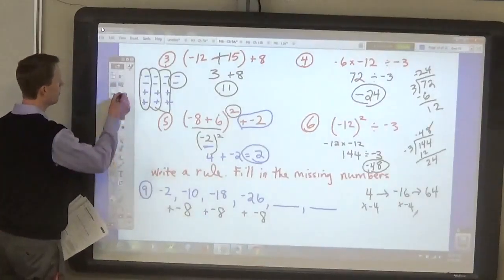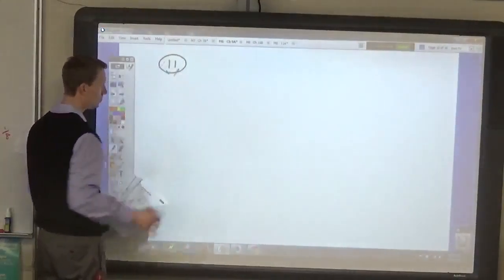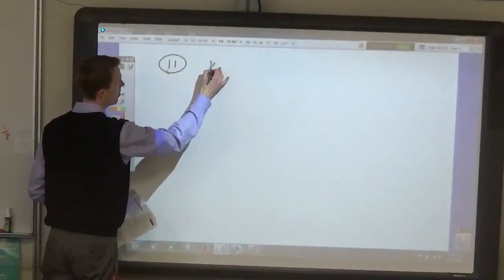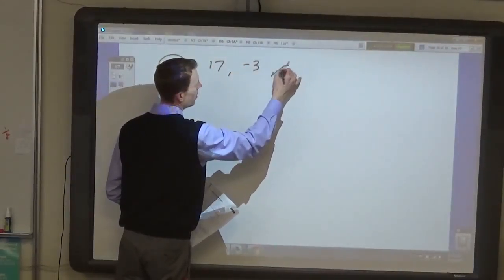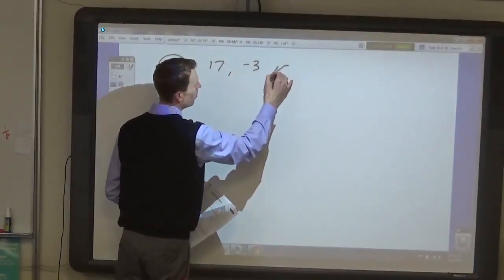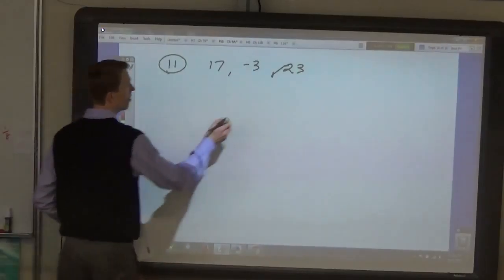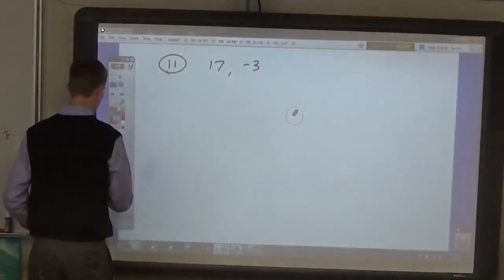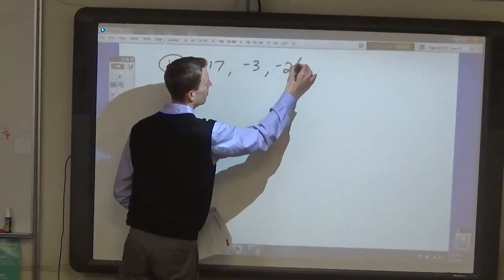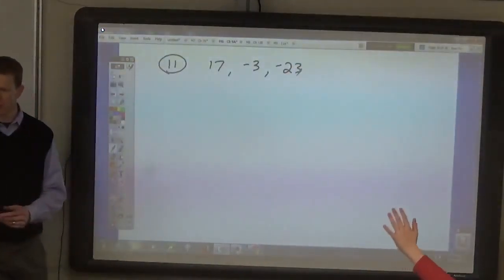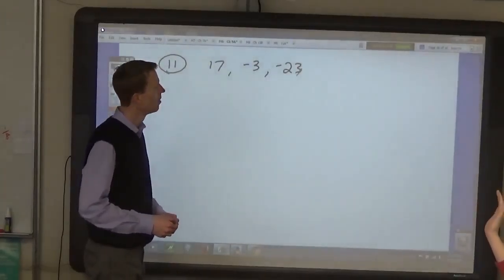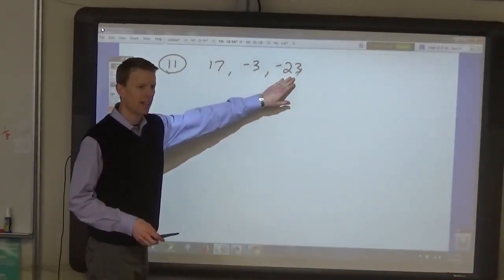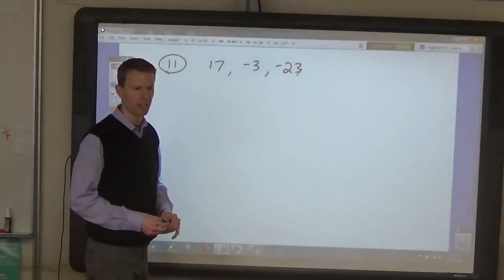How about number 11? Sometimes it helps to figure out, how about from negative 3 to negative 23? Maybe that's an easier pattern to see.